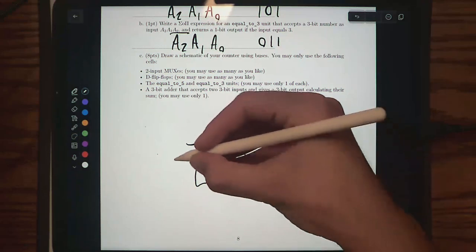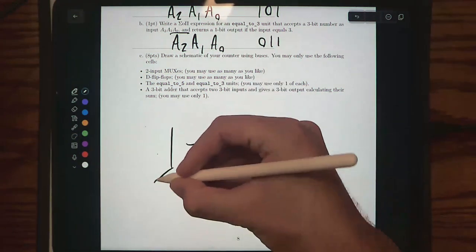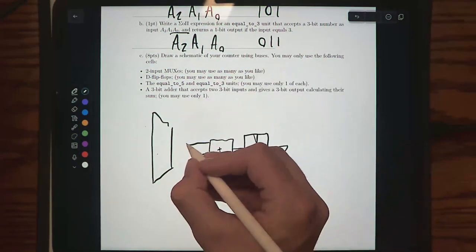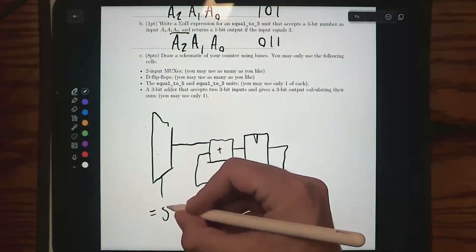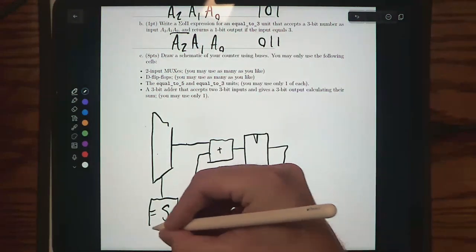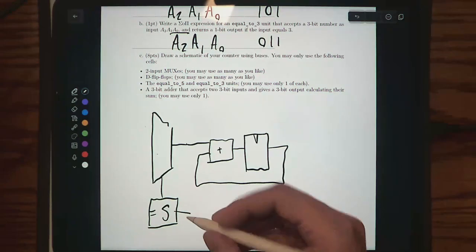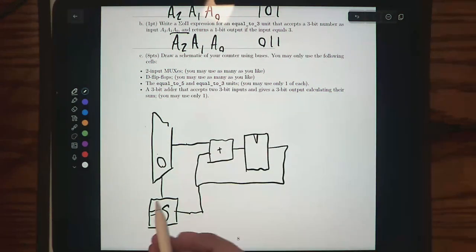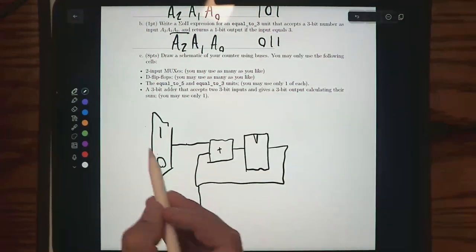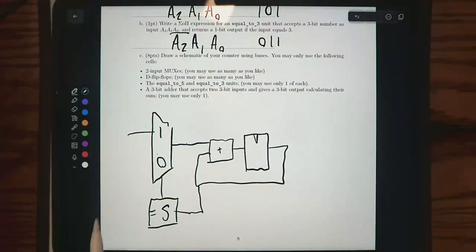Yeah. So you can start with the mux, and then have the selector be the equals to 5. And then one of the inputs to the mux would be 0. So for the one case, when it equals 5, what should we pass into the adder? 0.